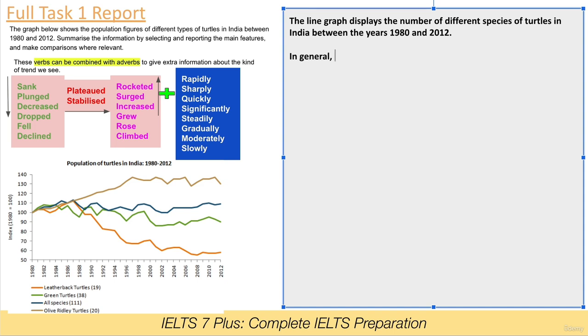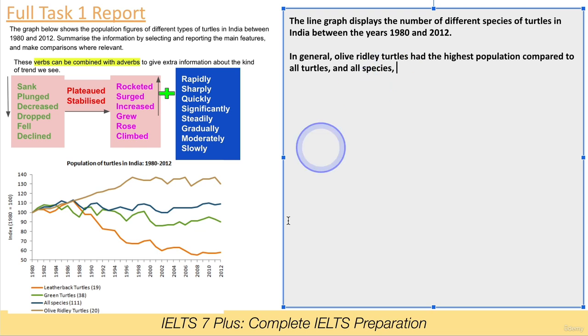In general, olive ridley turtles had the highest population compared to all turtles and all species for the majority of the 32 years. Okay, so that is our overview.